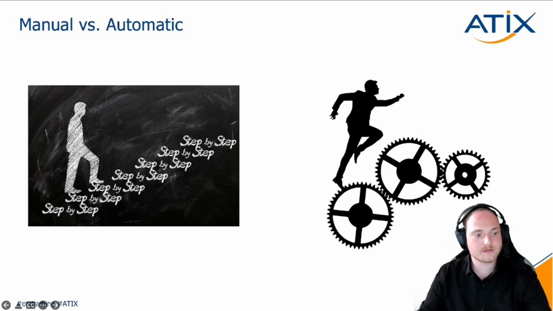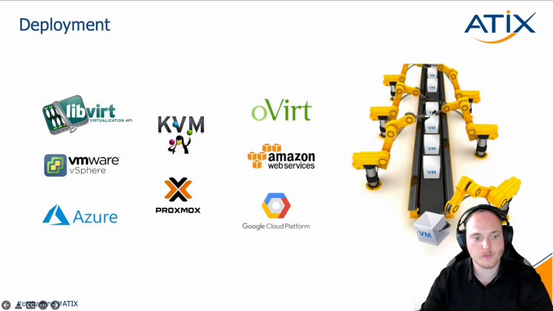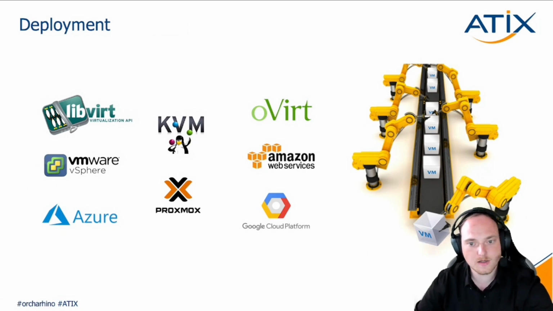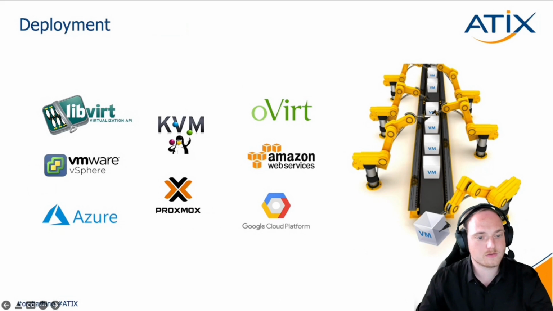The second question I always ask a customer: how do you deploy your environment? So we talked about you can do it manually or automatically, but let's do a more concrete example on the deployment process. Well, maybe you have an environment of 4 or 5 different hypervisors.